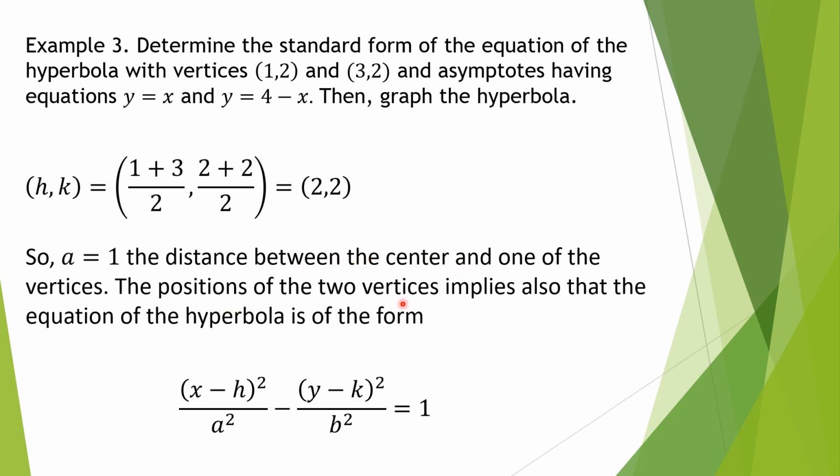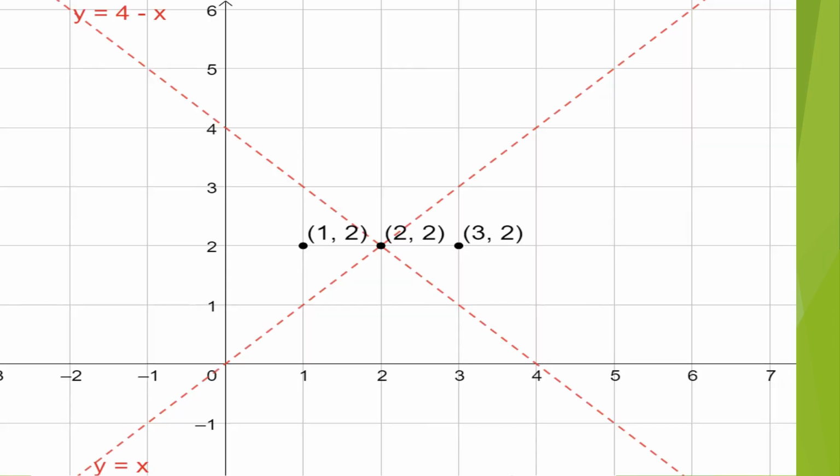The positions of the two vertices imply also that the equation of the hyperbola is in the form the quantity x minus h squared over a squared minus the quantity y minus k squared over b squared is equal to 1. Looking at the graph, with the given points and the given asymptote lines, we can now picture what the hyperbola looks like. Here are the vertices, this is our center, and then we have the asymptote lines.